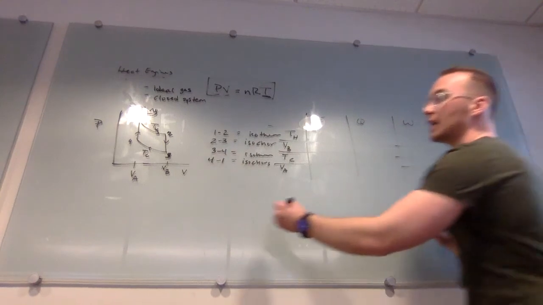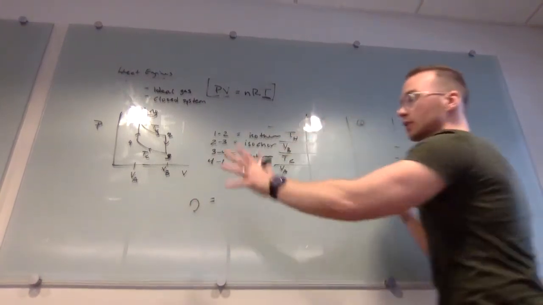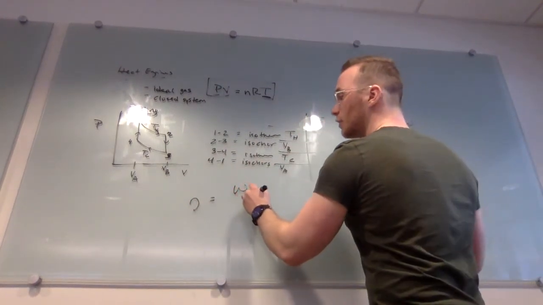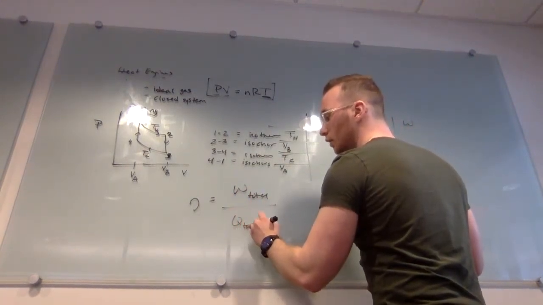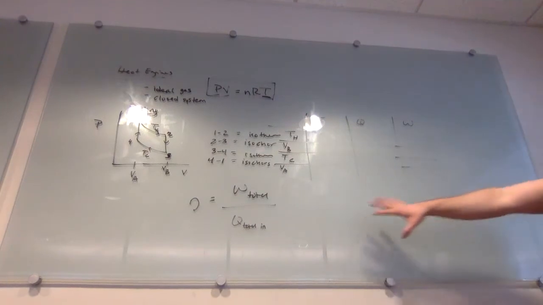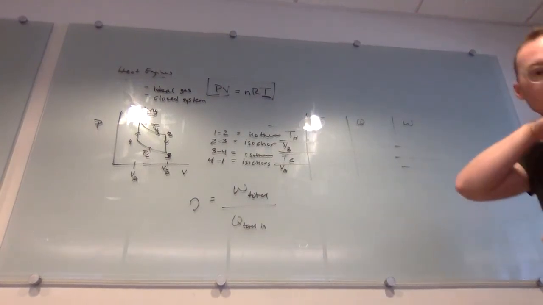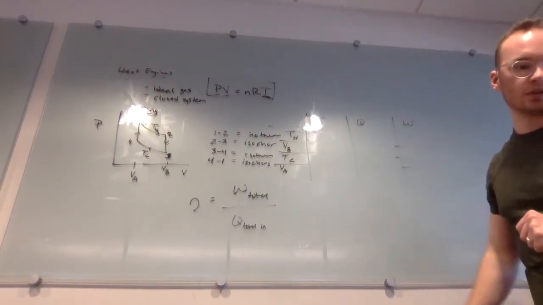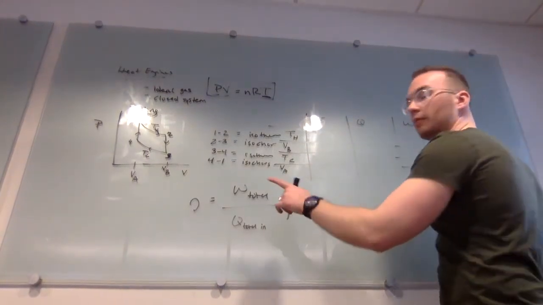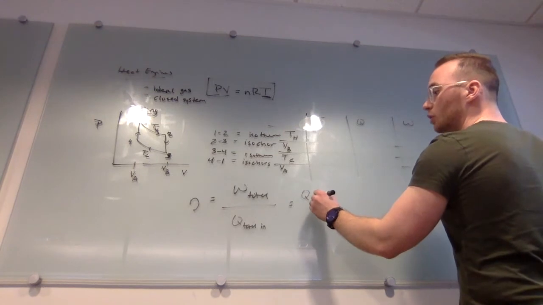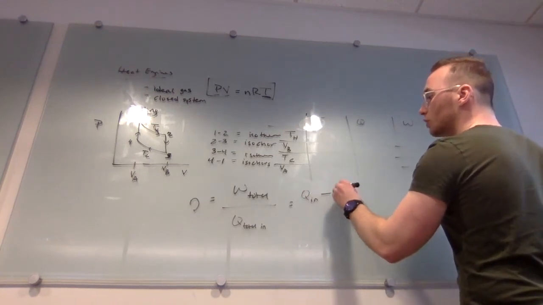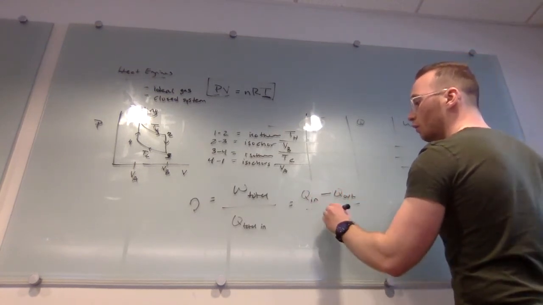And the reason we're doing this is to find the efficiency. This is going to be the total work done divided by the total heat in. That's actually the real definition of efficiency. And for any heat engine, by the way, let me just substitute this in. For any heat engine, it's going to be Q in minus Q out over Q in.